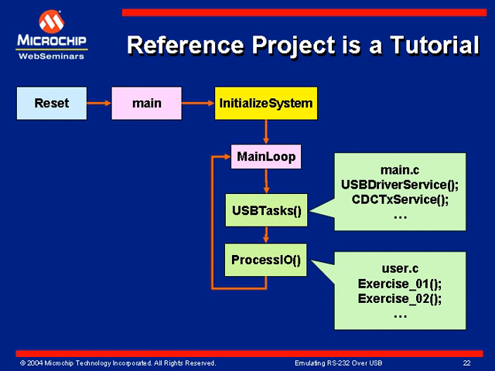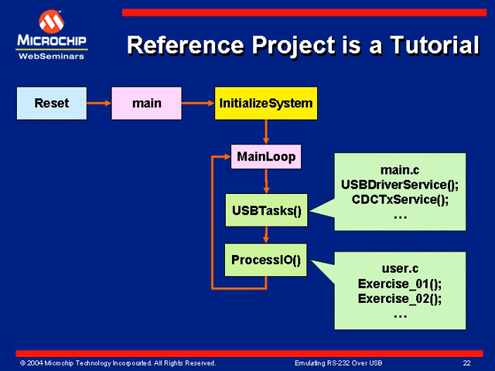Two main things are being called in there: USB task, process I/O. The one you want to pay attention to is the process I/O, and that function is declared in the file user.c, and you can find that in the MPLAB project once you have opened up the reference project.